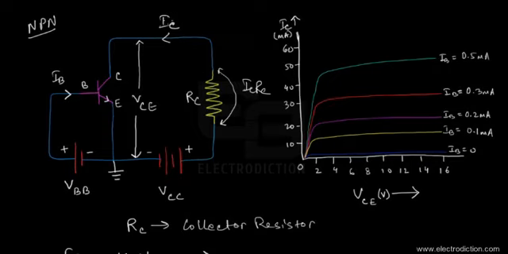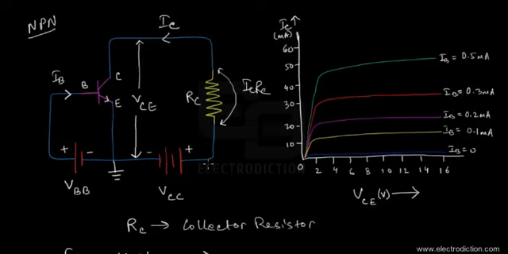You can see that for a given collector current flowing through the output loop of this particular BJT circuit, there would be a corresponding voltage drop across the collector and emitter terminals of this BJT, which we call the collector to emitter voltage. Note that this supply voltage, the VCC over here, is not variable anymore.